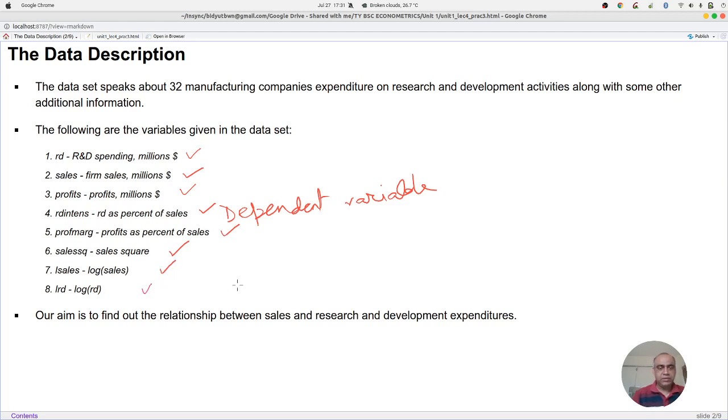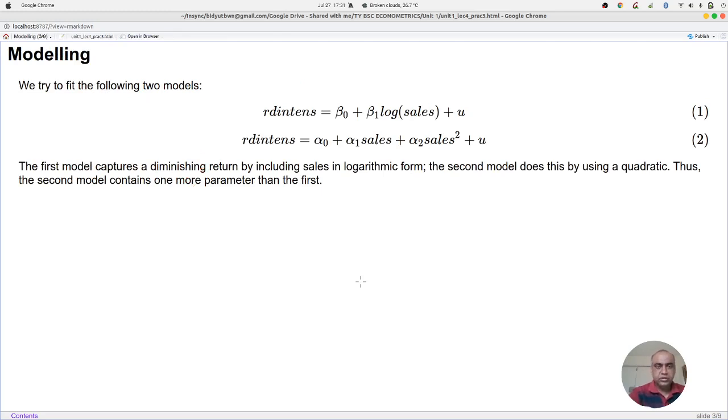Now our main objective is to find out the impact of sales on the R&D expenditure of the firms. So we set up two competitive models, model 1 and model 2. In model 1 we regress RD intens on log of sales, and in model 2 we take RD intens on sales and square of sales.